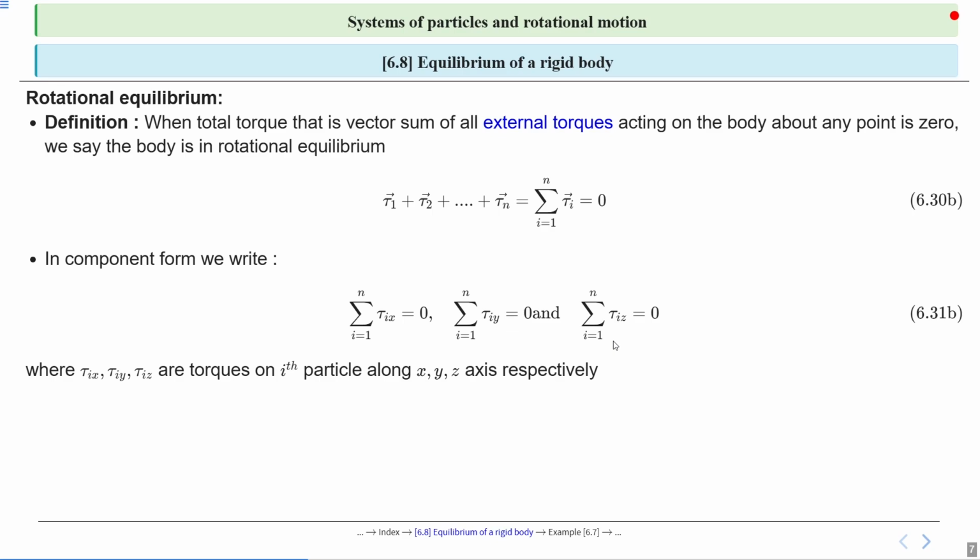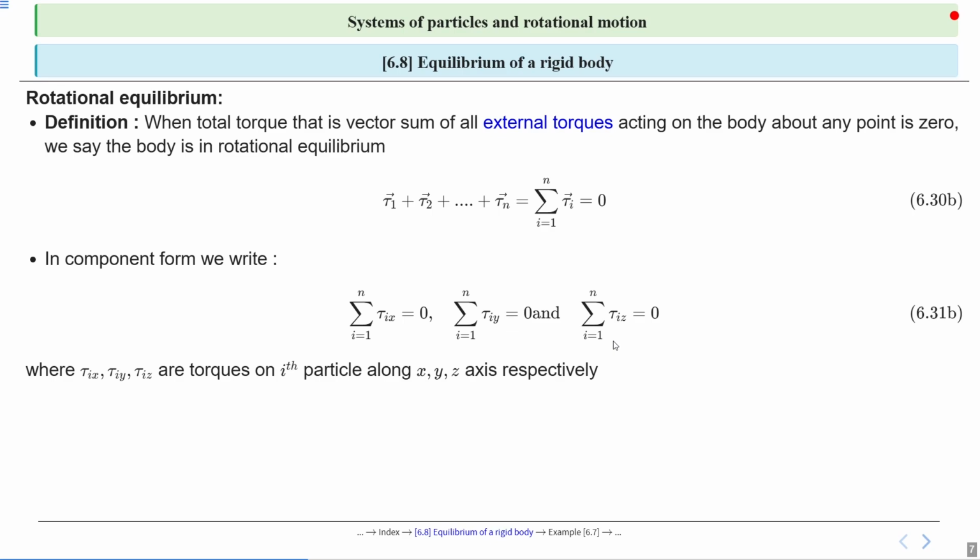In translational equilibrium, the net force and the linear acceleration are 0, or the body is at rest or moving with constant velocity. And in rotational equilibrium, the angular acceleration is equal to 0; the body is at rest or moving with constant angular velocity. All right, the difference is clear.